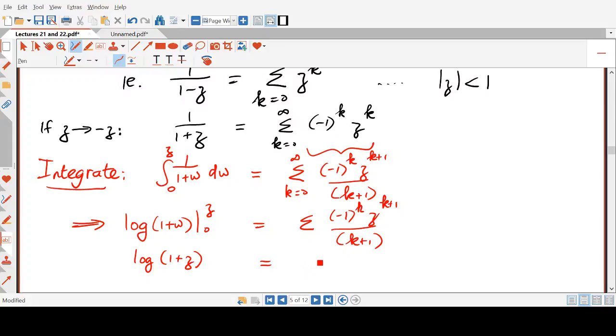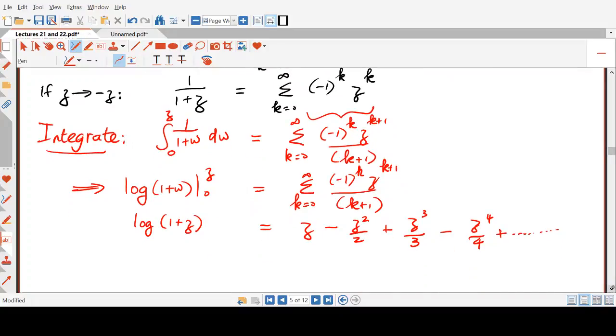When k is 0, this will be z minus z squared over 2 plus z cubed over 3 minus z to the 4th over 4 plus and so on. So that is a series for log of 1 plus z. We don't talk about log of z itself because at z equals 0, log of 0 is not defined. Therefore, we shift the log function by 1 unit to talk of log of 1 plus z.